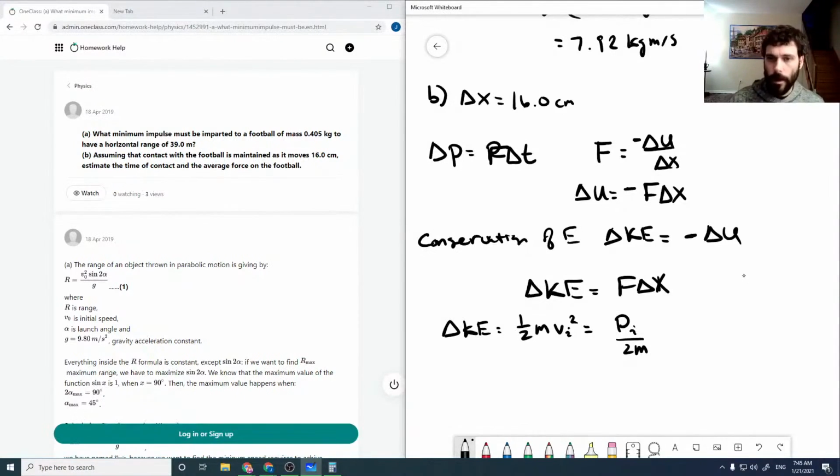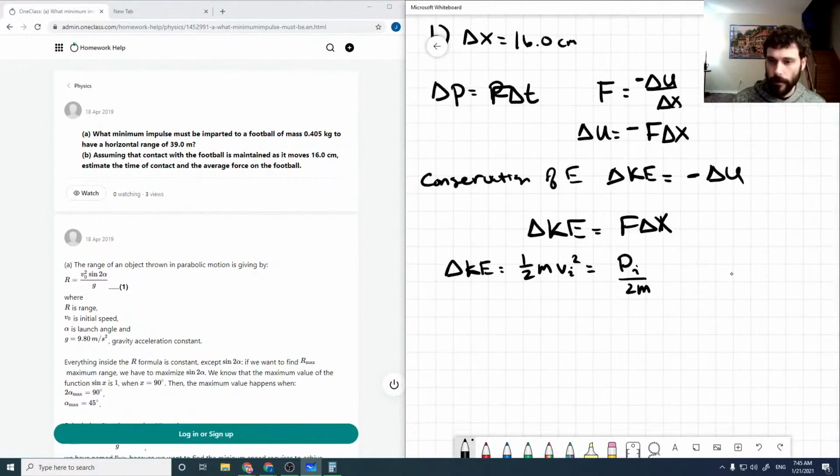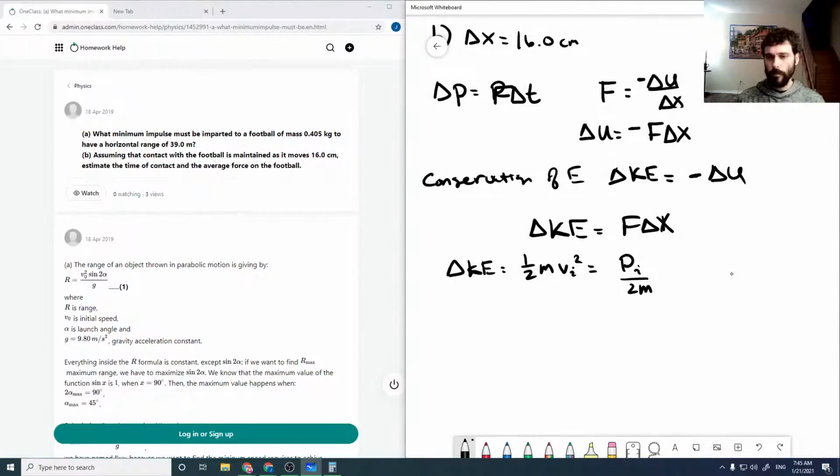Okay, so putting these together here, this means that our F delta X is equal to Pi squared over 2m, or F is Pi squared over 2m delta X.